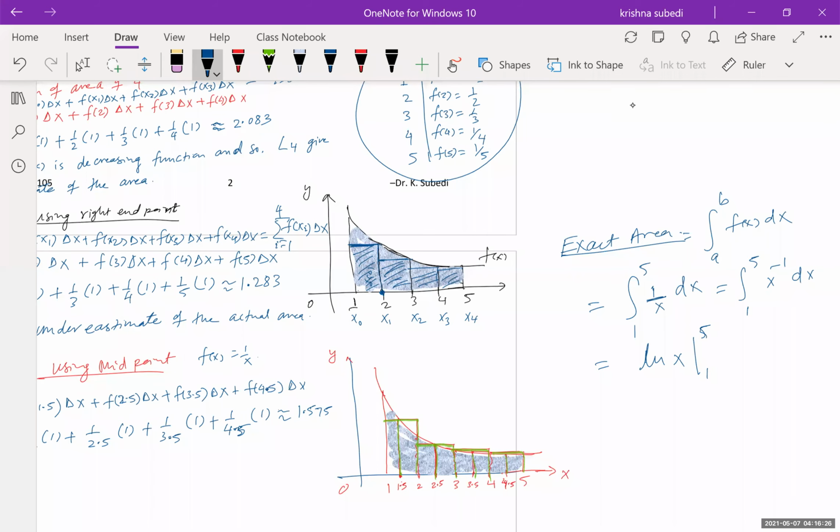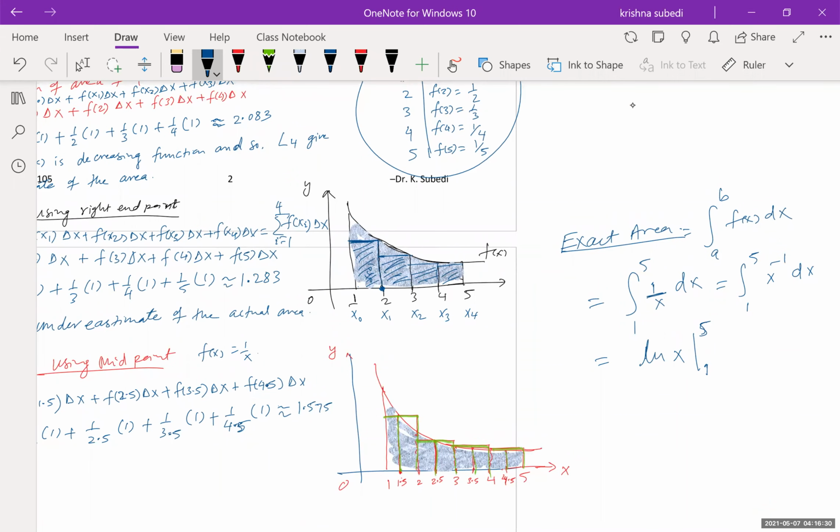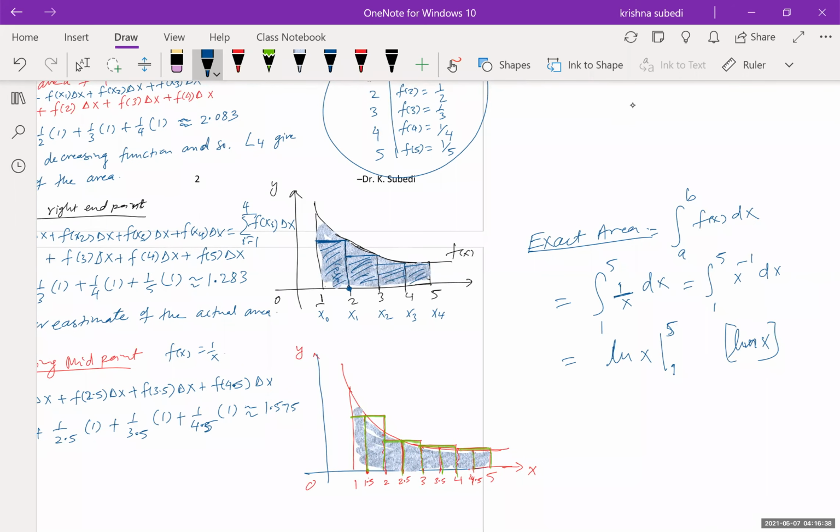We write the limits like this using the vertical line. Sometimes we can write it this way too, with 1 and 5; either notation doesn't matter. What it means is we substitute the upper limit first, minus the lower limit.